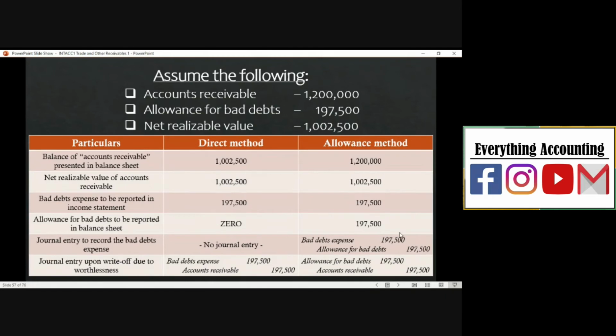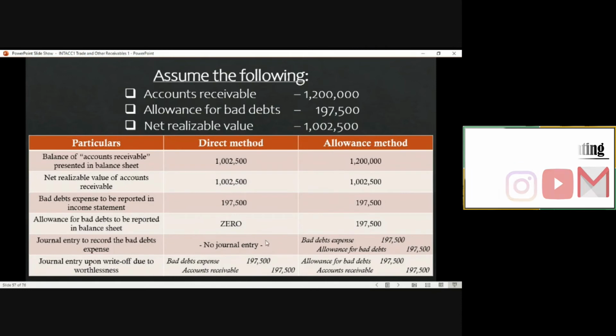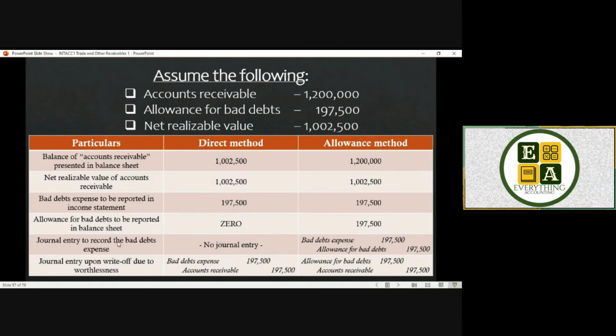197,500. Okay? Meron kasing timing difference si direct method at allowance method. Si direct method, nadidelay yung kanyang bad debts. Nagre-record lang siya ng bad debts kung nag-write off na siya. Okay? Meaning sa direct method, focus siya sa write-off or worthlessness ng accounts receivable. Okay?